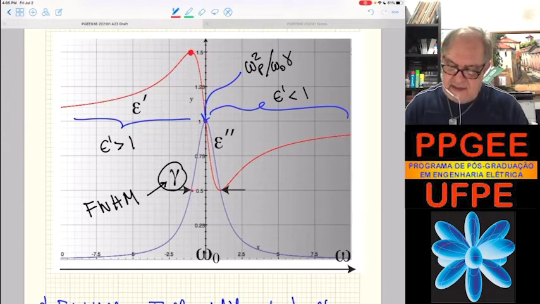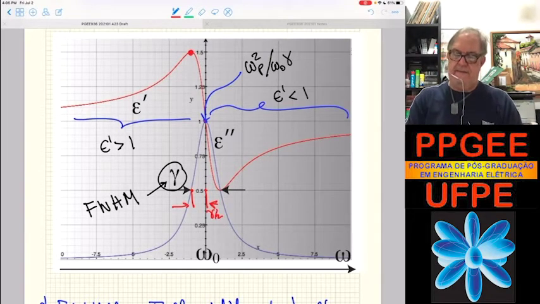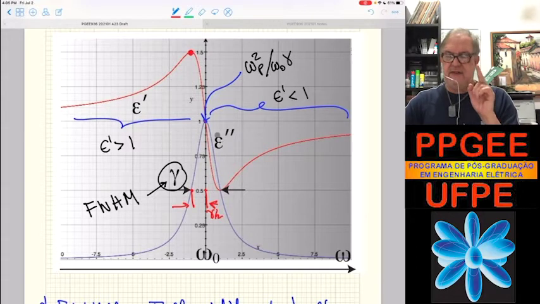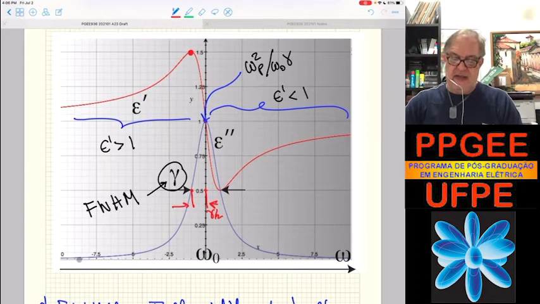So this distance here is gamma over 2. And on the other hand, the imaginary part, which is minus this, but this is the number that we're talking about, is positive, is going to have a peak value on resonance, then it's going to be negligible away.